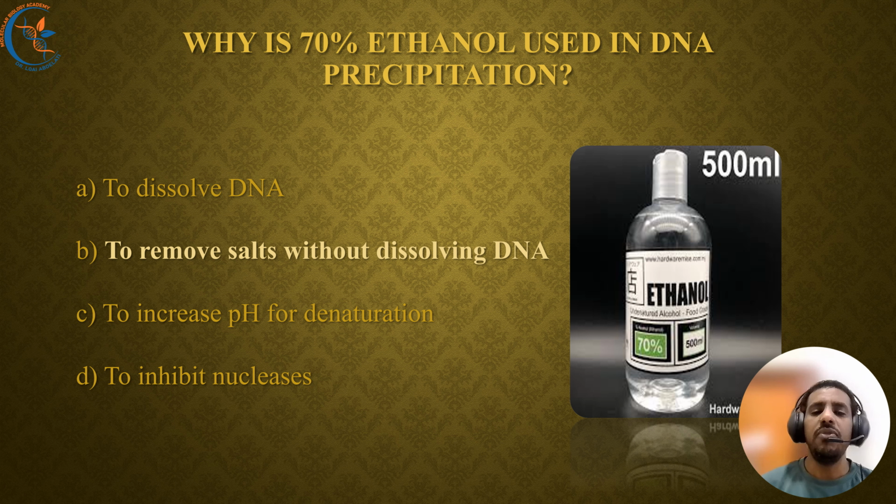Okay, what happens if we use 100% ethanol? Actually, higher ethanol concentration can excessively dehydrate the DNA, making it harder to redissolve in water or buffer solution for further use. All right. So here is why we use 70% ethanol instead of 100% ethanol. All right. Let's move on.